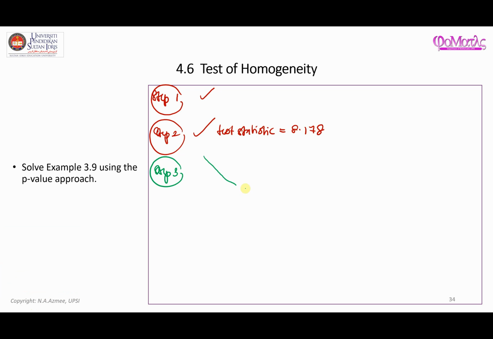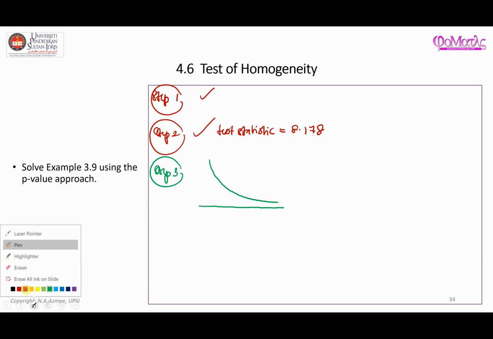So basically, this is the chi-square distribution curve, and you need to know the point of 8.178. You could say that this is the point 8.178, and you want to find what's the area on this side.